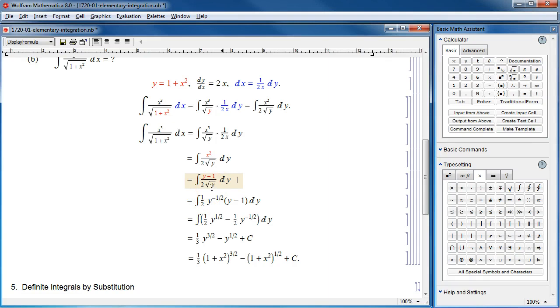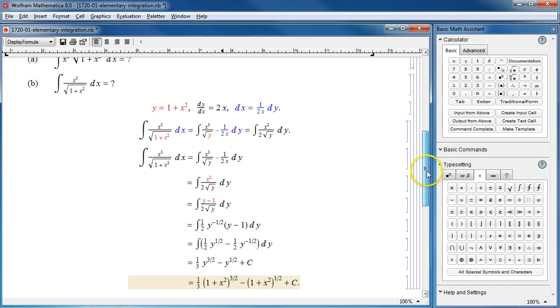Instead of square root of y in the denominator, express this as y to the negative 1/2 power, and then distribute, and I have a bunch of power functions added together. Applying the power rule, one term at a time, we have this answer, and substitute for the third time now, y equals 1 plus x squared, here and there, and we have the final answer.